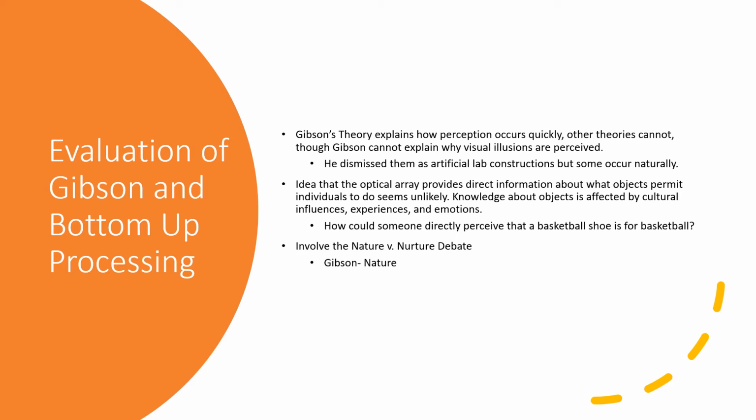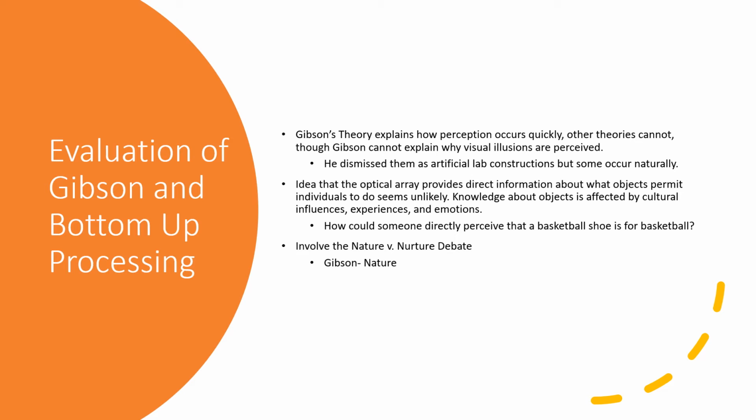But he dismissed them as artificial lab constructions. However, there's some that occur just naturally out in the world, whether something is drawn or not. Sort of like the blue dress, gold dress, or blue dress, white dress, picture from a few years ago on social media.